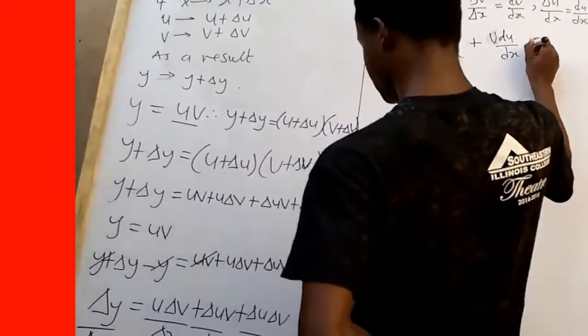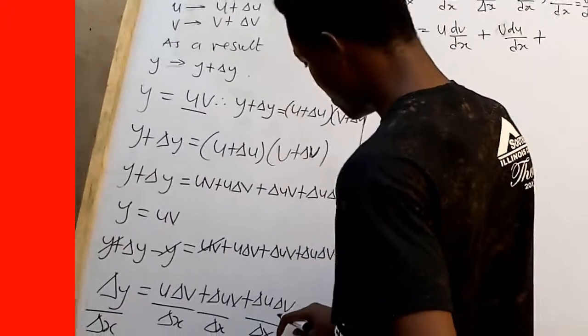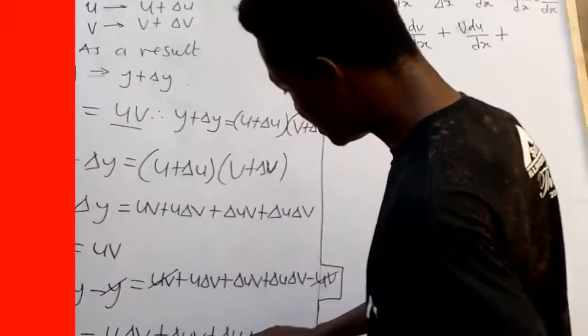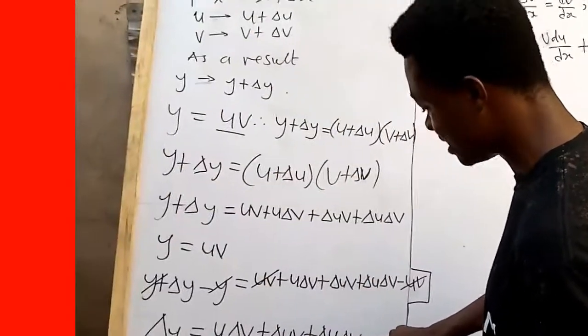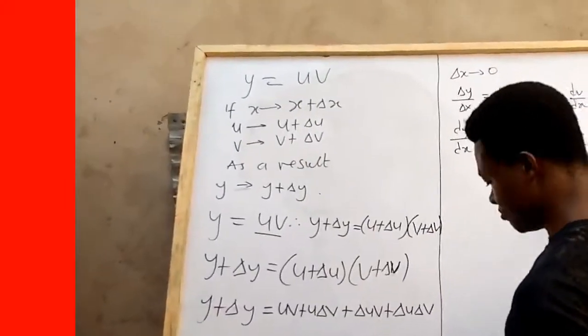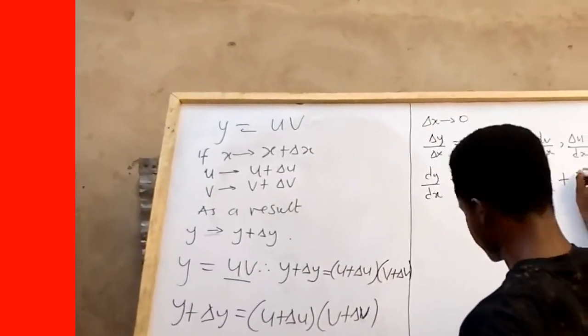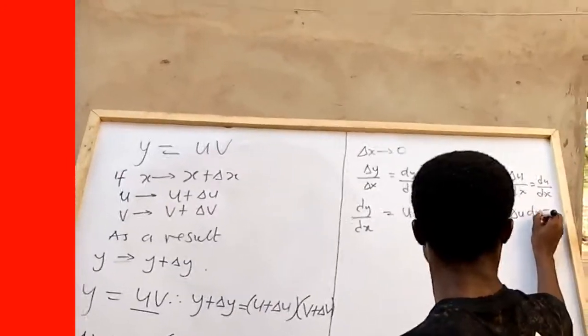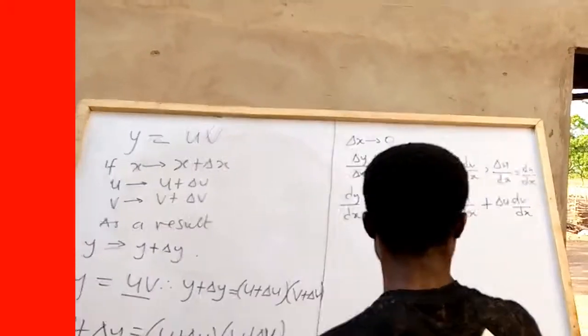And then plus here we have change in u and change in v, so the change in v becomes change in u dv over dx.